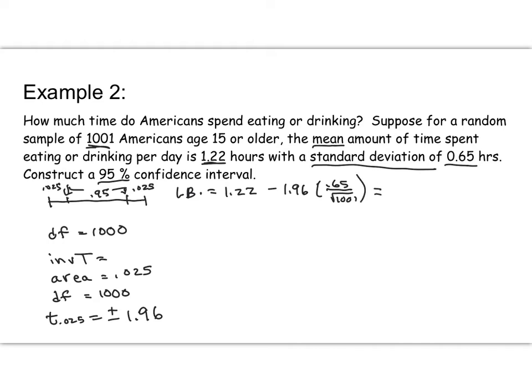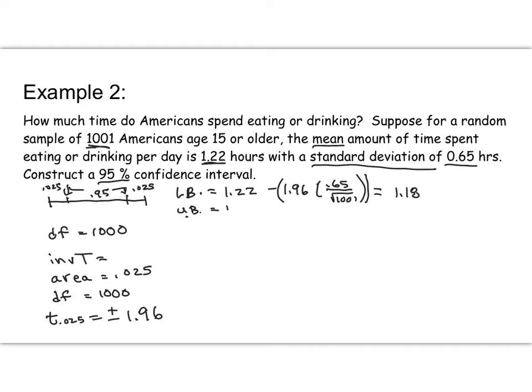And in a calculator, you're going to need to do the fraction and then multiply by 1.96, or you're going to need to put parentheses around that, and you can put it all in one step, I think. Anyways, I got 1.18 for my lower bound.